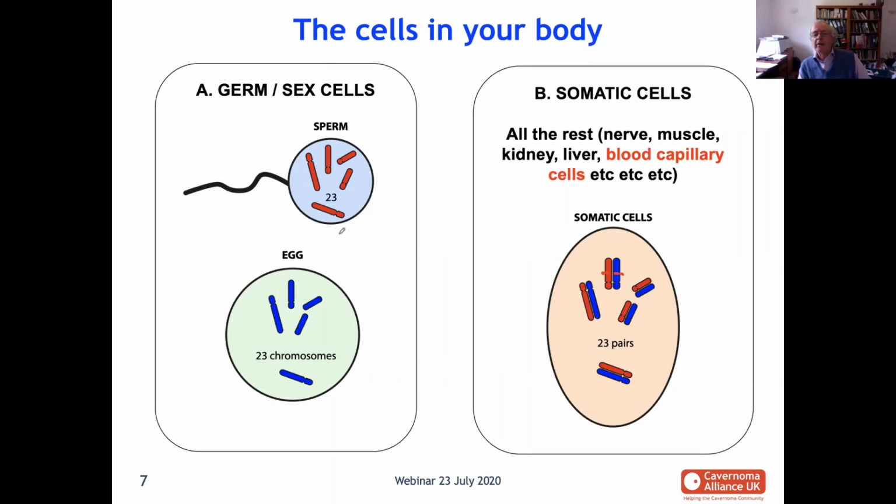We talk about founder mutations because there are known founder mutations, for example, in New Mexico, in Ashkenazi Jews, and there's a population in the southern states of America where you can trace back to a founder mutation from an individual in the 1780s or something. It's a remarkable situation. It's very rare. This is much more common, hence people with Cavernoma, but these are not inherited.